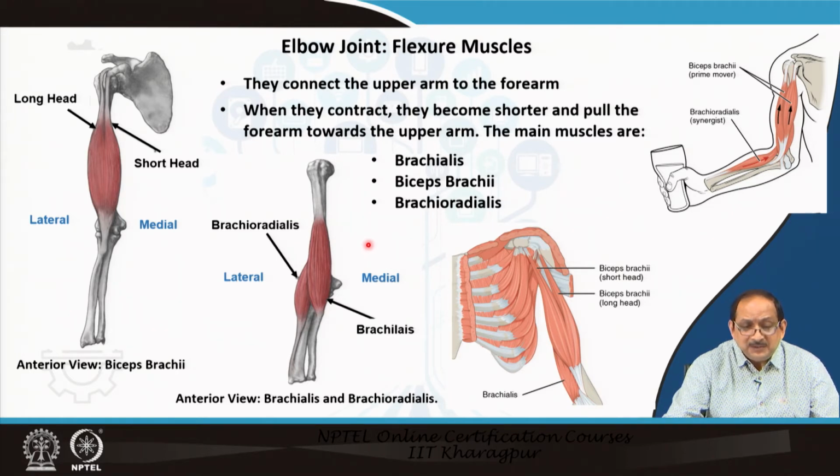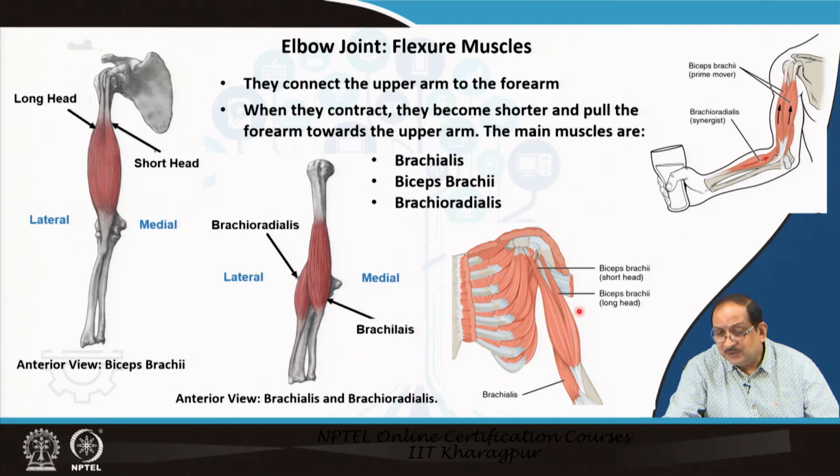The main muscles of flexion are shown here in the slide. In the anterior view we can see the biceps brachii, the long and short heads, the brachialis and brachioradialis, and in these two images, we can also see the three muscles very clearly.